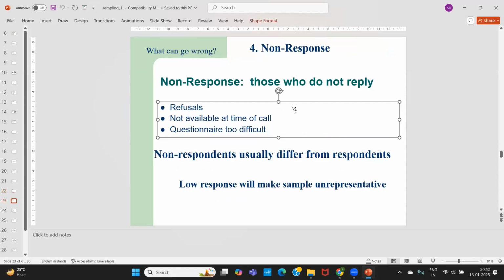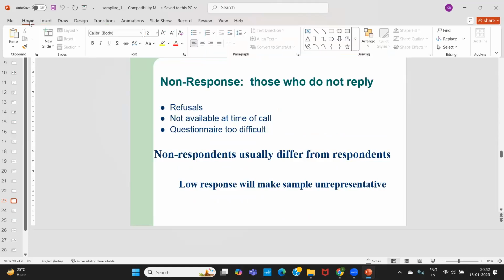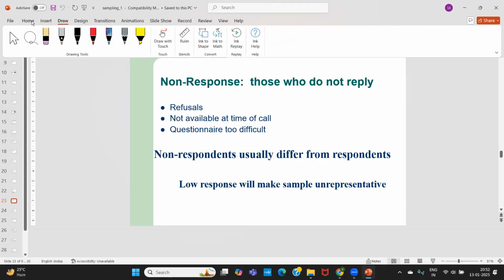The next issue is non-response. Non-response means those who do not reply. Whenever you ask for their opinion, we call it refusal. Other causes are not being available at the time of call, and the questionnaire being too difficult.